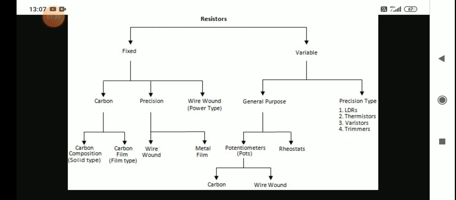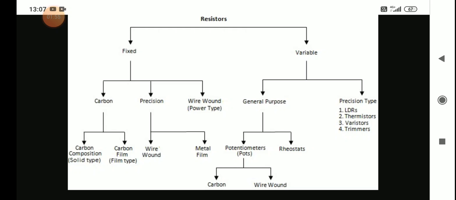Next, coming to the variable resistors. Variable resistors are of two types: general purpose resistors and precision type resistors. The general purpose resistors are potentiometers, which we can also call pots, and rheostats.